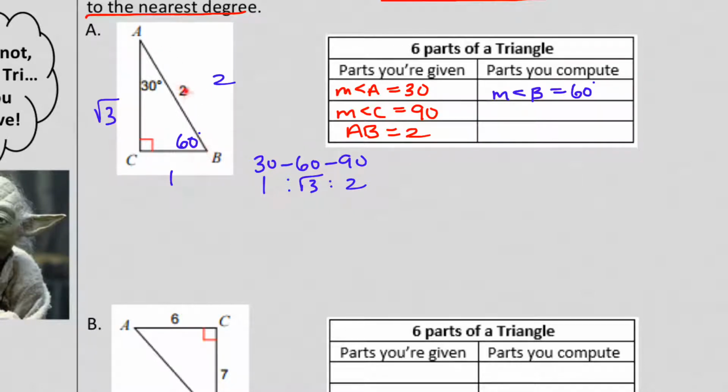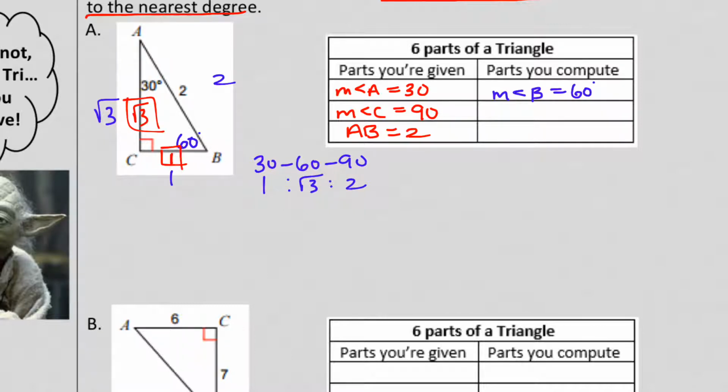In this case, if my hypotenuse itself is 2, half of 2 is equal to 1. So here my missing side BC is going to be 1. And then to find the middle side, I can multiply up by a factor of radical 3. So 1 times radical 3 here just happens to be radical 3.